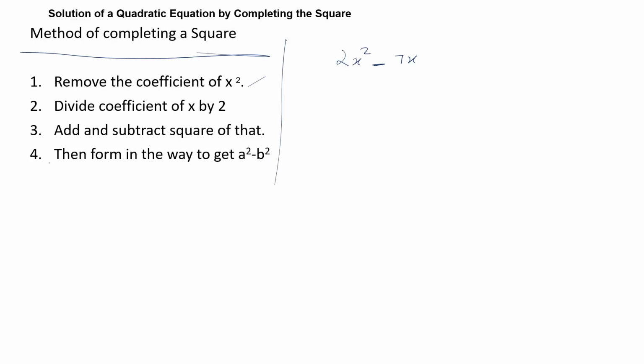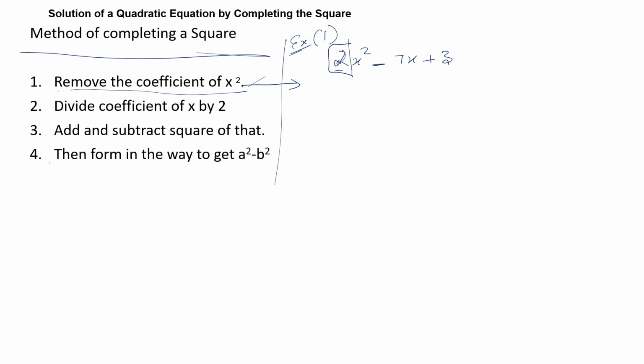2x square minus 7x plus 3, this I am taking as an example, and this is your exercise first question also. After taking this example, I will map one by one the points here. Remove the coefficient of x square. What is the coefficient of x square here? 2.